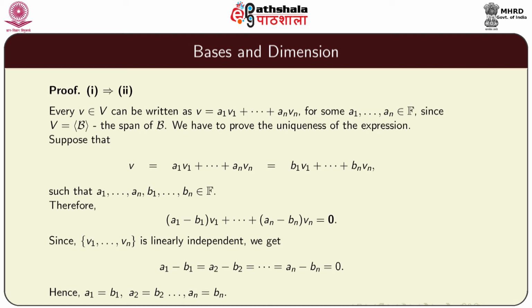Therefore, these scalars a1 minus b1, a2 minus b2, etc., up to an minus bn must all be 0, and therefore, a1 is equal to b1, a2 equal to b2 and so on, an is equal to bn. This shows that v written as a linear combination of v1, v2, ..., vn is indeed unique.